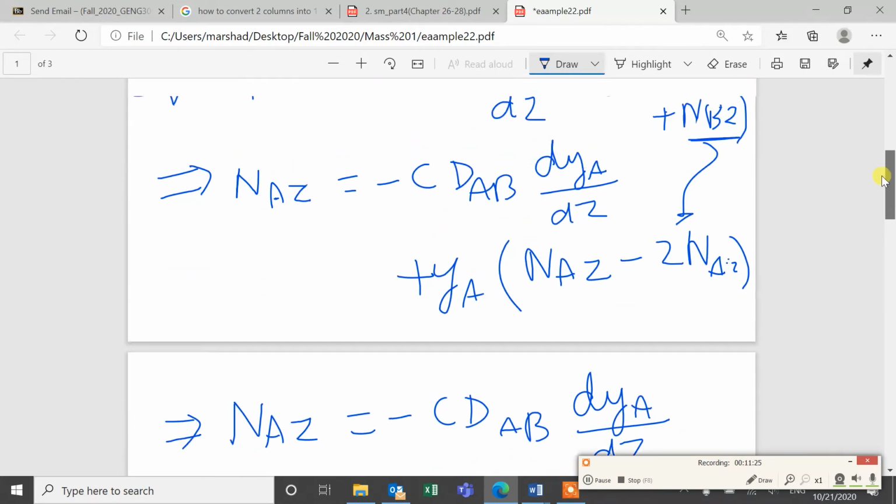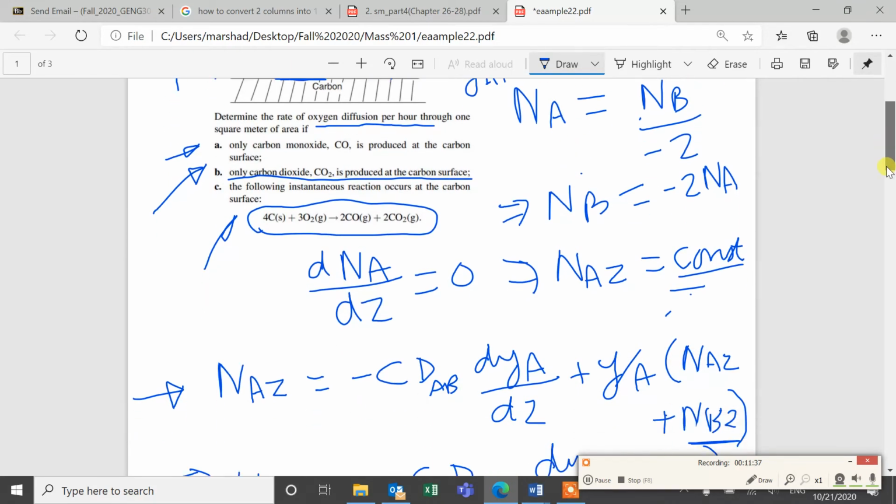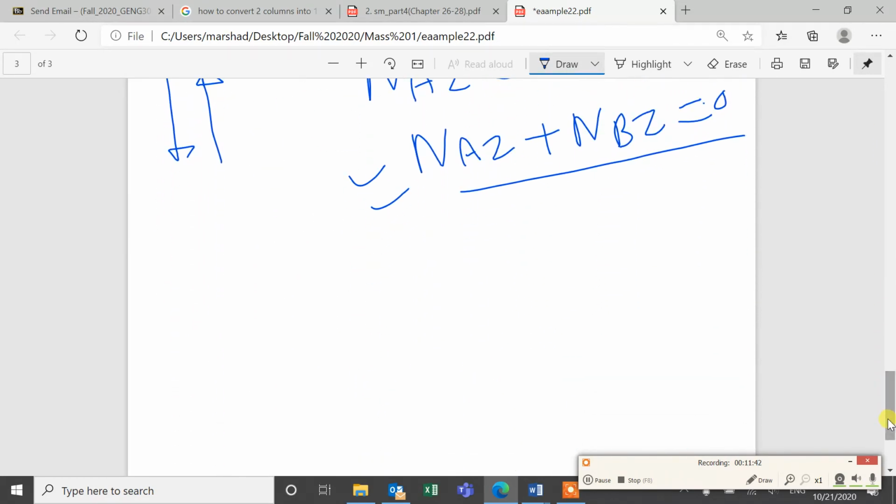Okay, now let's see part C. In part C the reaction is given, where CO and CO2 both are produced. So 4C plus 3O2 gives 2CO plus 2CO2.